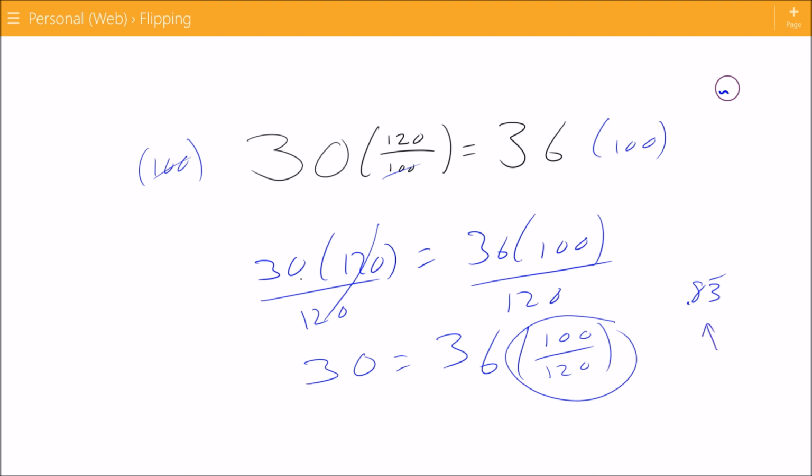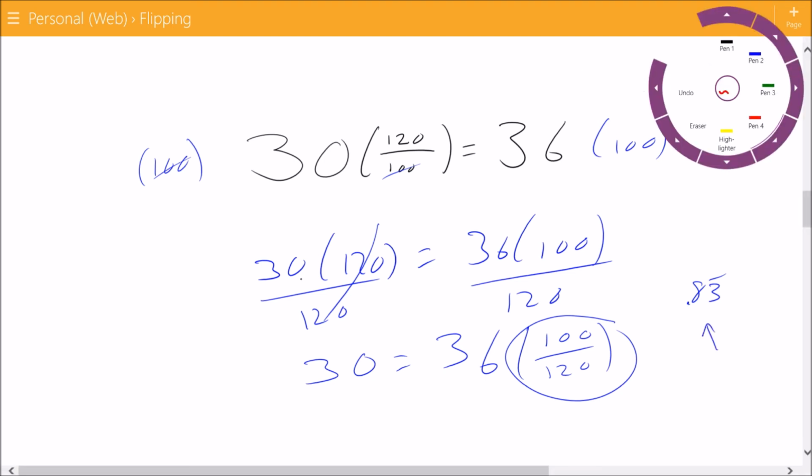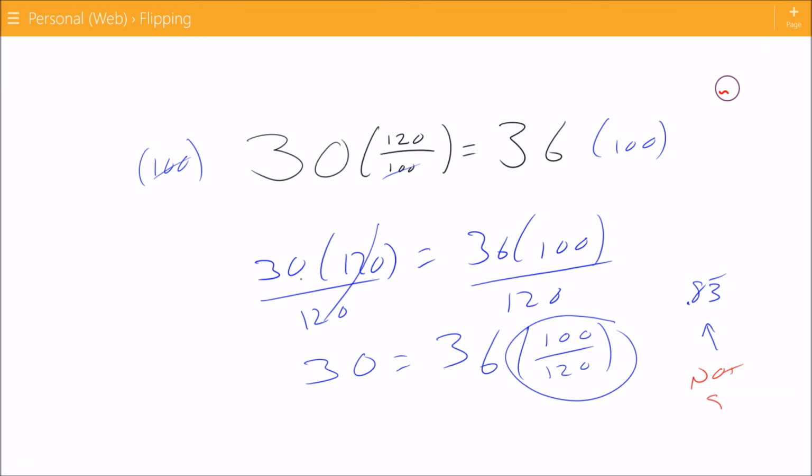This is, let's put it in red, not 80%, which is that 20% less than 100 we thought of. So we cannot just say that 20% more than 30 or 20% more of any number is the same as 20% less of that larger number. It is not a blanket statement that we can say. It just doesn't really work.